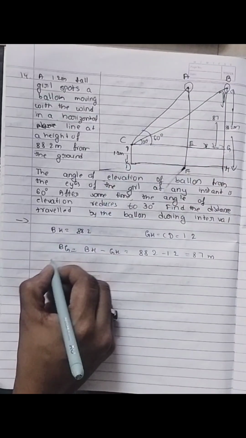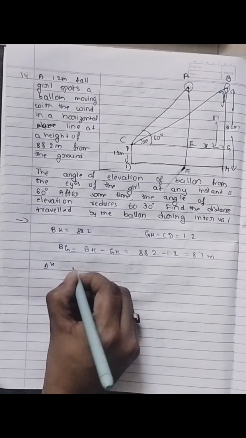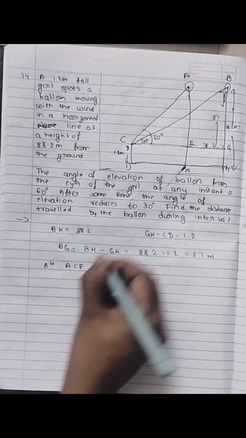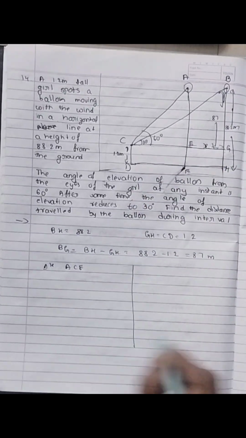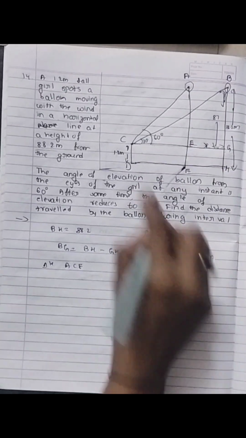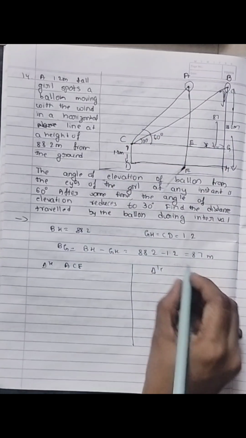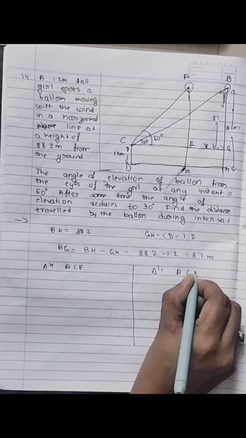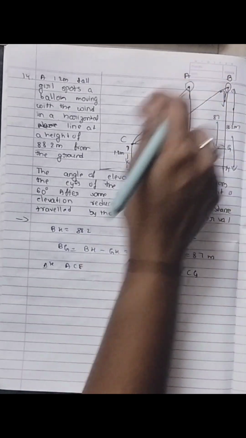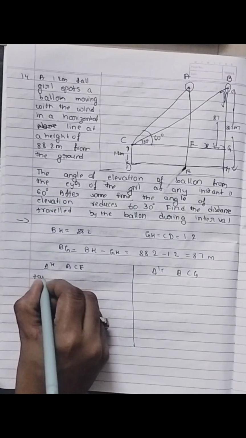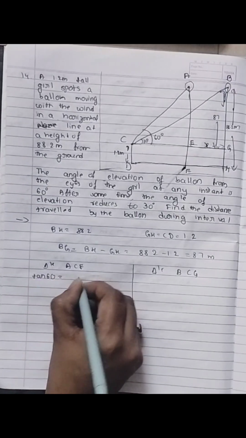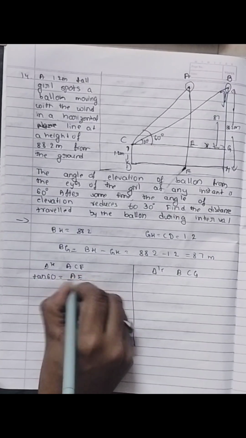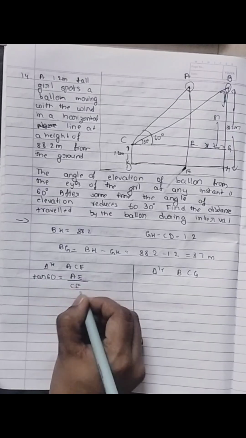So next consider triangle ACE, and also we'll consider simultaneously the triangle BCG. In ACE, tan 60 is equal to AE by CE, right?